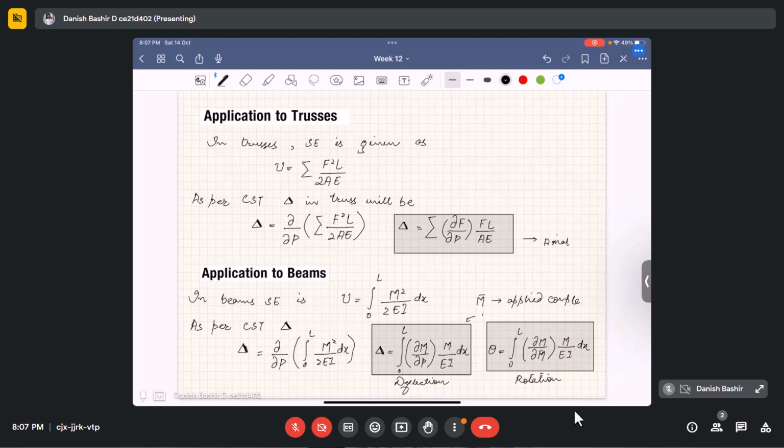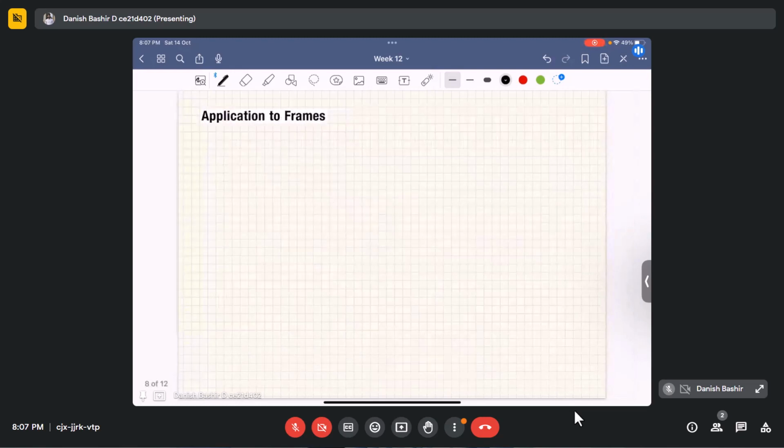Combining these two deformations, axial and bending, the total deflection delta will be delta axial plus delta bending.